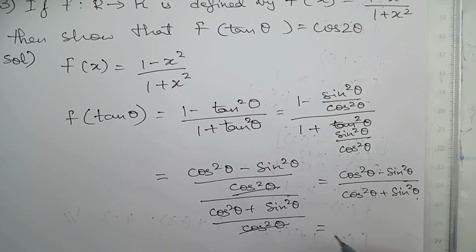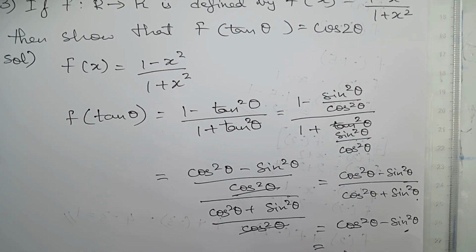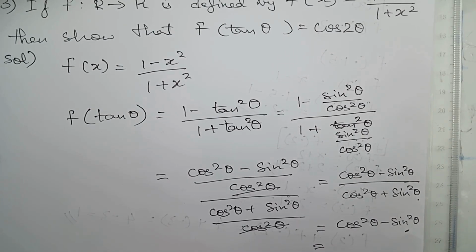So here we have cos square theta minus sine square theta as the answer, but the proper answer is, actually there is one formula, that is cos square A minus sin square A is equal to cos 2A.